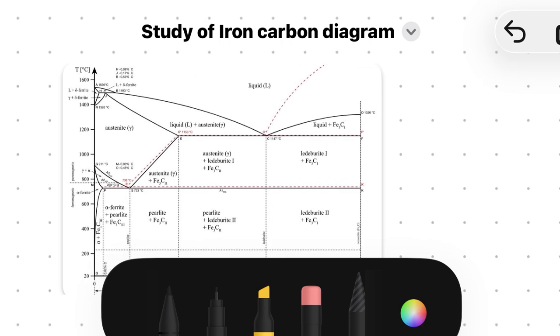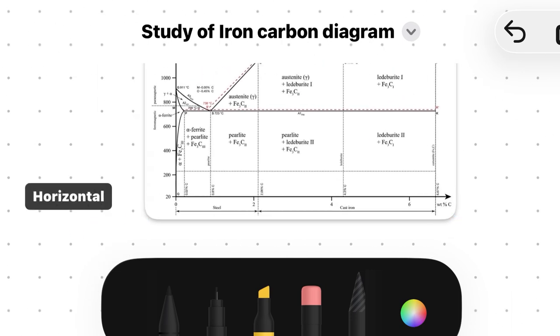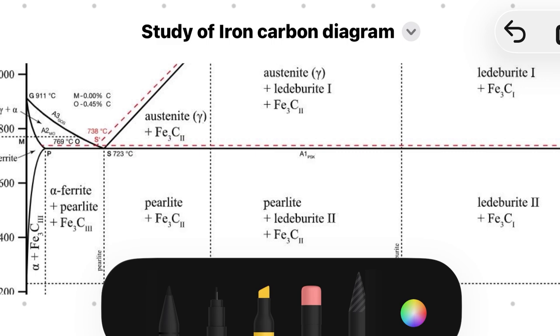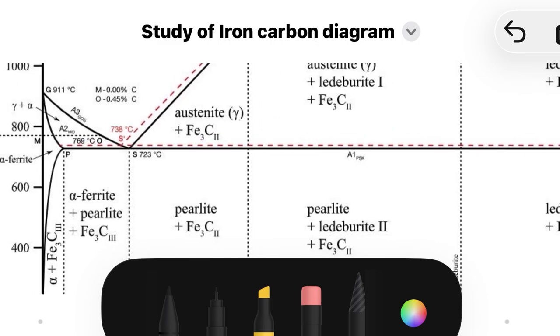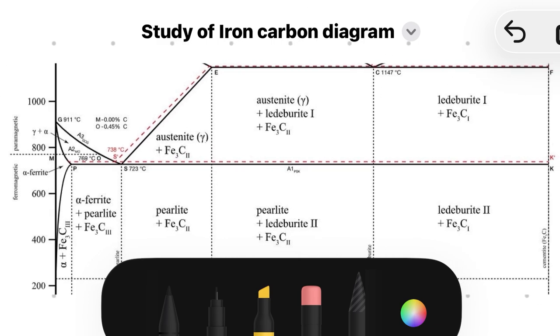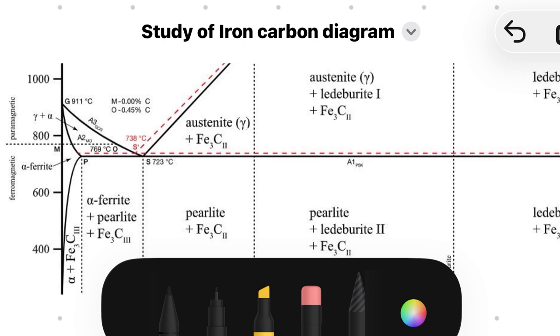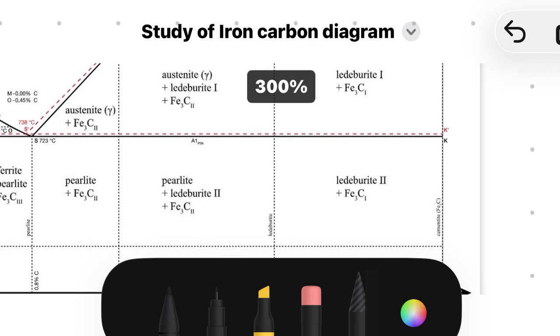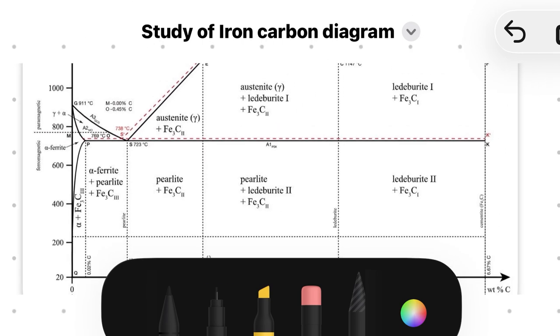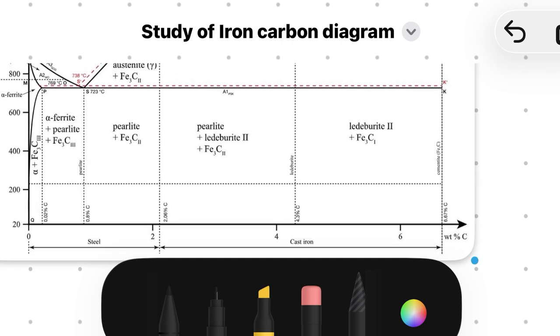Liquid phase also appears at different temperatures. Here I can also tell you that alpha ferrite is the softest phase, because the carbon percentage is low, like 0 to 0.2% carbon.